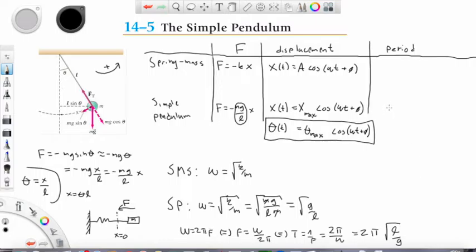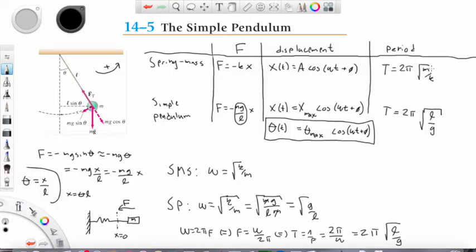So the period for the simple pendulum would be 2 pi times the square root of L over g, whereas for the spring mass system it was found to be 2 pi times the square root of m over k.